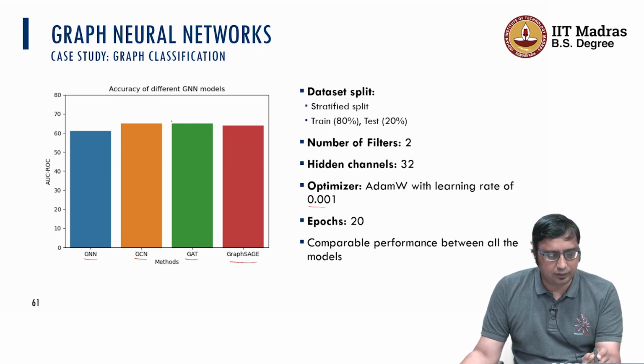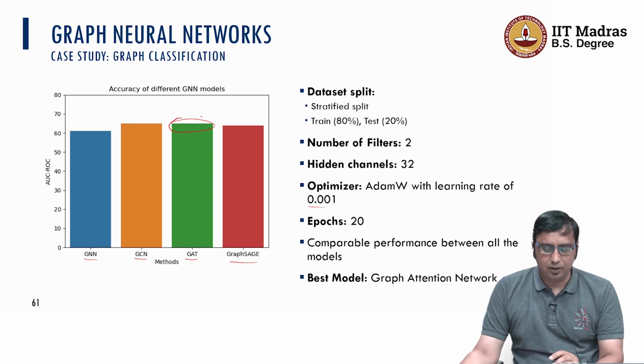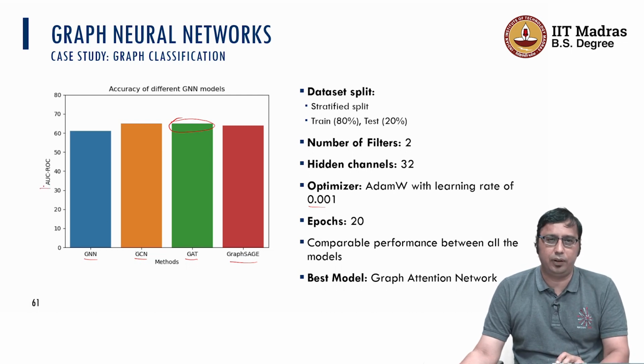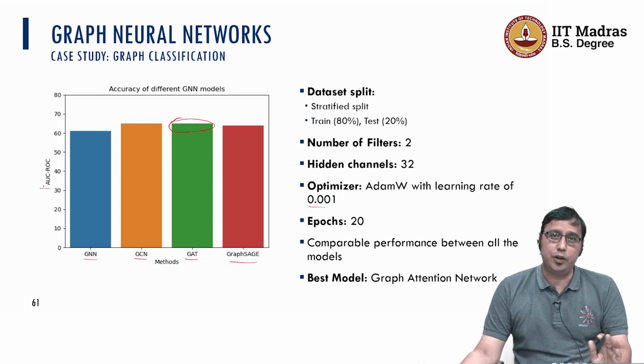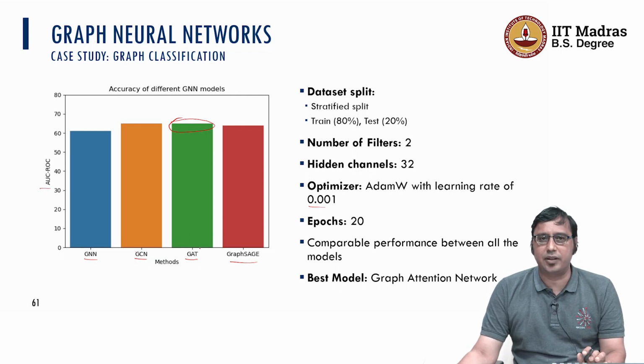And the GAT, graph attention network, provides a bit better performance than GCN when it comes to AUC ROC. Of course, I can do more hyperparameter tuning, but with this setting, GAT, the graph attention network, performs better than any other filter based GNN.